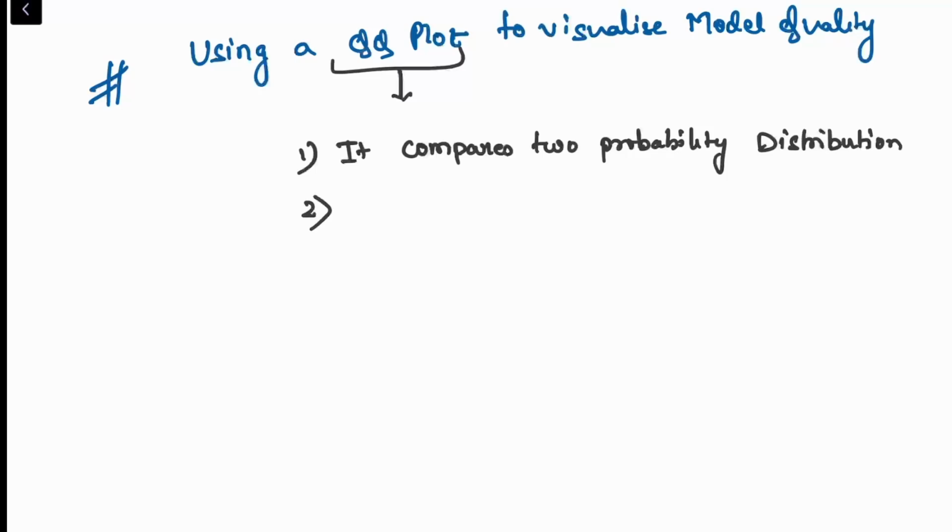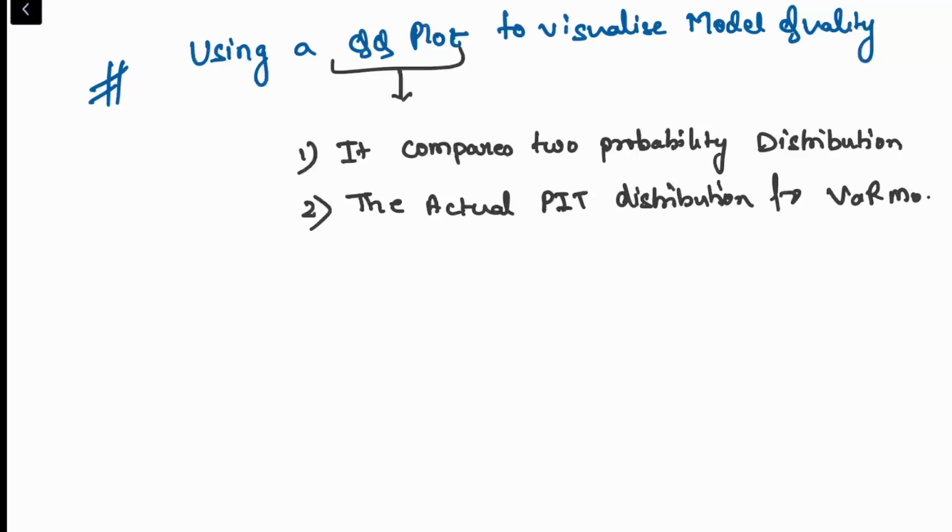Write down second, the actual PIT distribution from our VaR model, and third, the expected, or you can say perfect, uniform distribution.